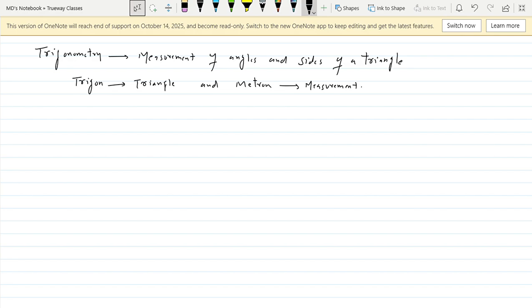So what do we measure in a triangle? You already know about triangles. There are 6 components in a triangle: 3 angles and 3 sides. Now we define some special things in triangles, but especially we use a right angle triangle.